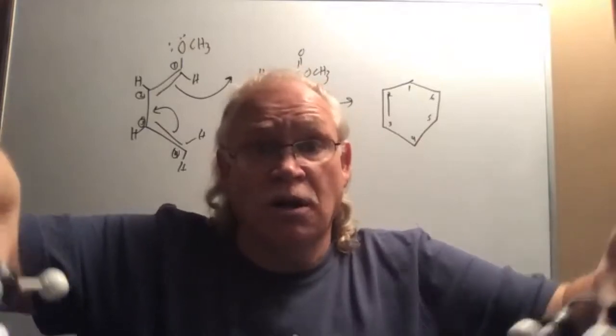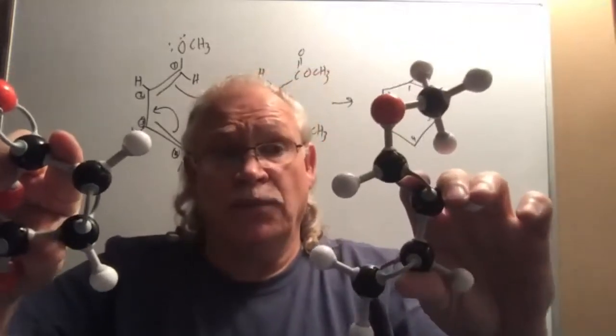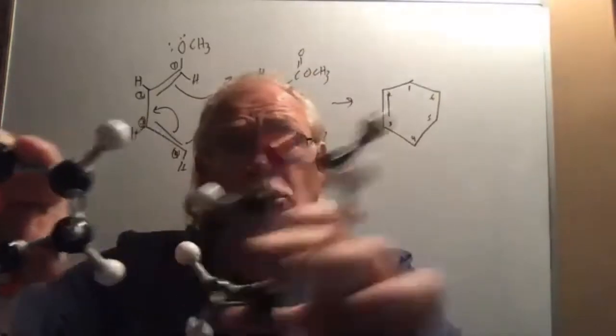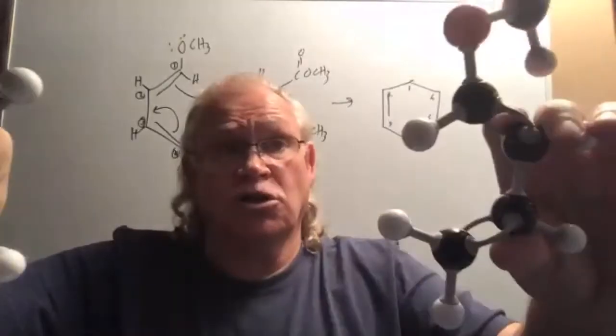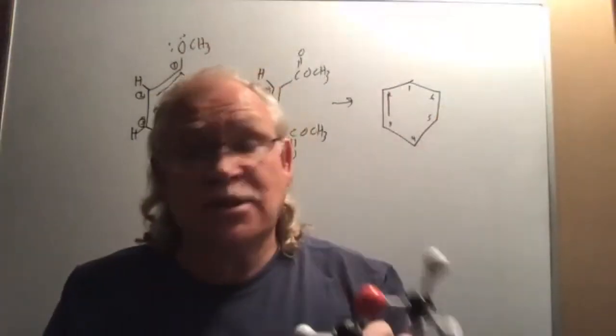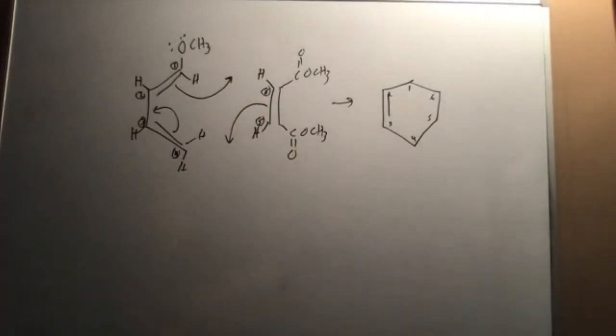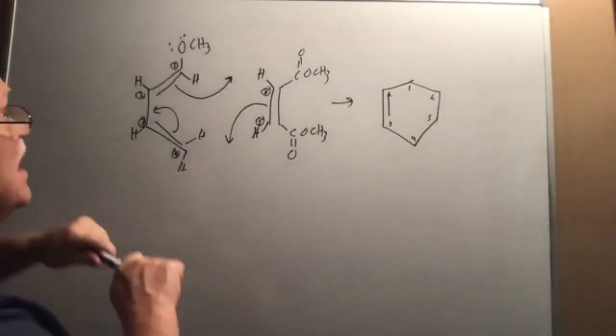Now watch, poof. Now, whenever that happens, and I'm going to hold it like this and poof towards you this time, notice these two hydrogens and these two hydrogens are the ones that do what? Poof. They all stay on the same side. And once I realize that, Diels-Alder becomes very easy.